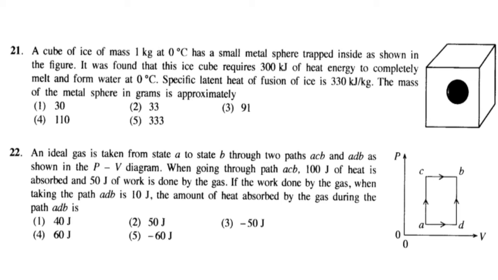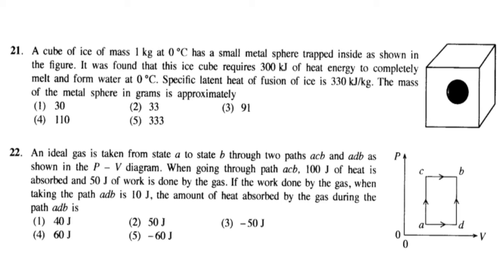And now we can calculate: for 1 kilogram ice, it needs 330 kilojoule, and we want to find how much mass for 30 kilojoule. So 1 divided by 330 multiplied by 30, you get 91 gram. Answer is 3.